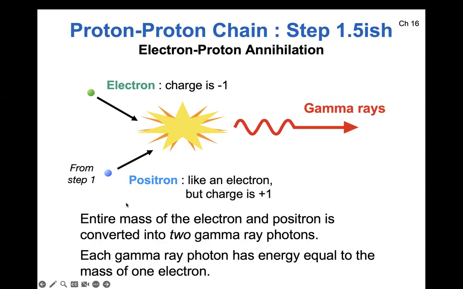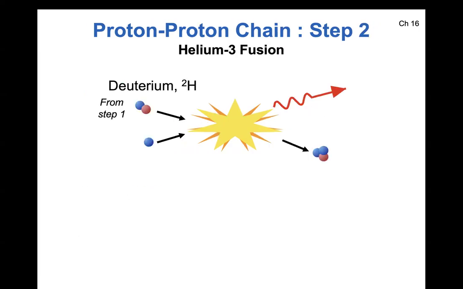All the mass of the positron, which was created in step one, and an electron that the positron collides with and is attracted to, of course, right? Not only do they have to bump into each other, but they want to bump into each other because of their opposing charges. Once they do, they both cease to exist and a gamma ray is produced. So all of their mass is converted to energy.